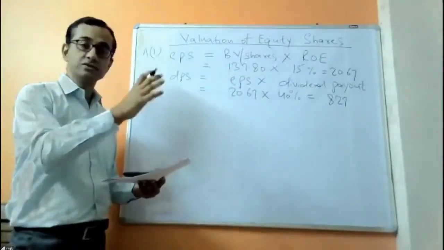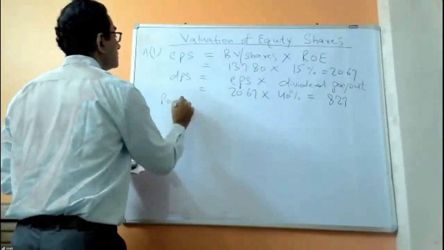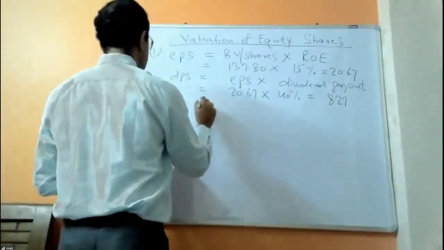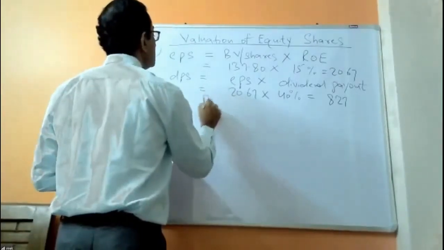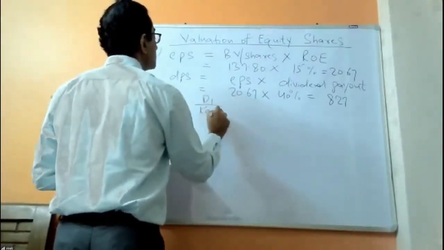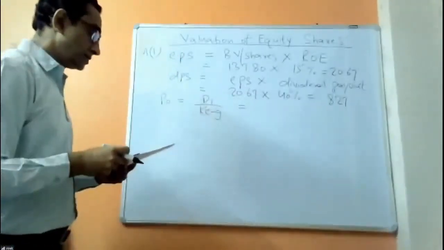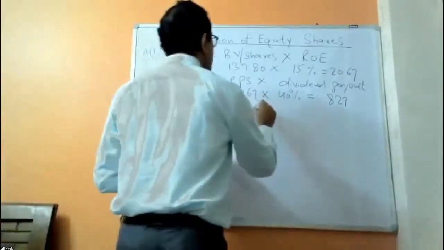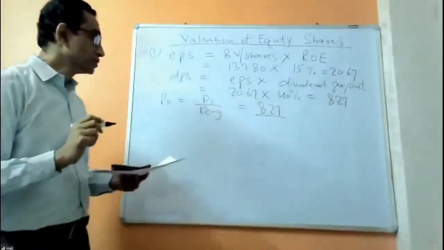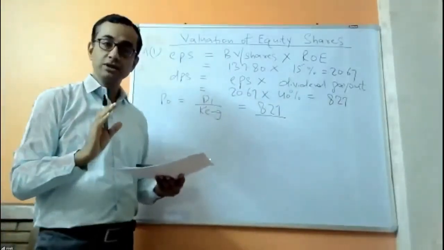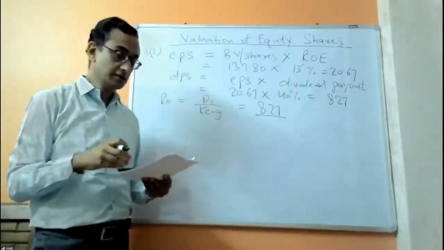We will put this figure into the formula, which is P0 is equal to D1 upon K minus G. Dividend we have calculated, 8.27. We will take 8.27 as the dividend at the end of the year. We can safely assume that because EPS is available at the end of the year.